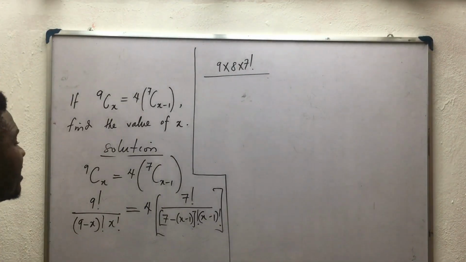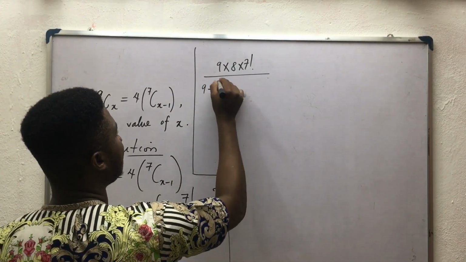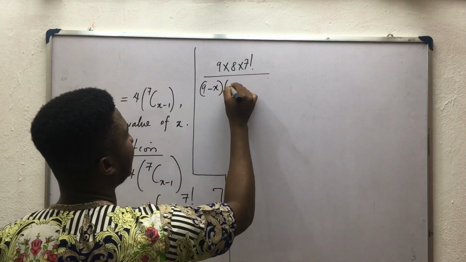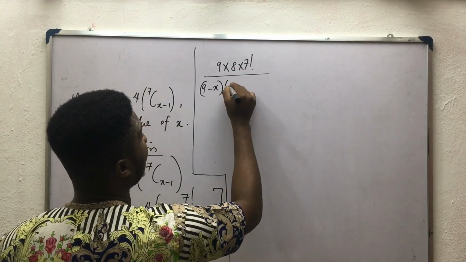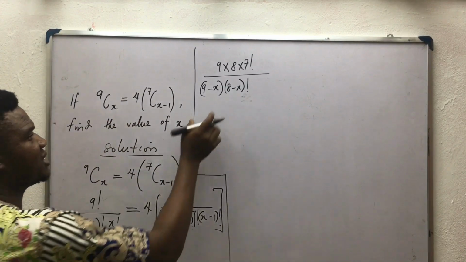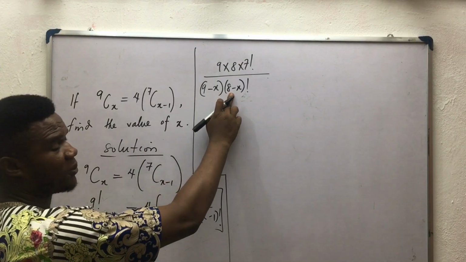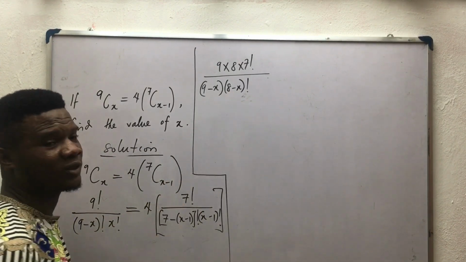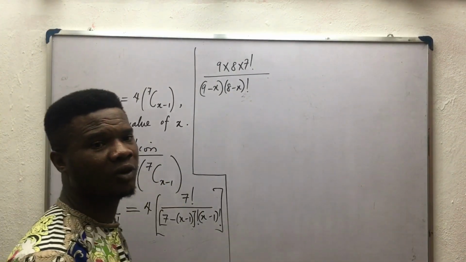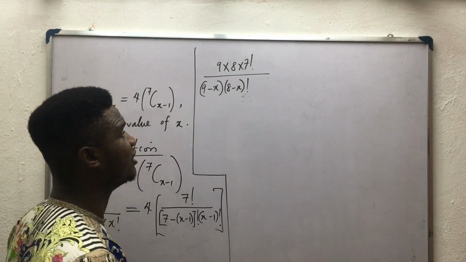Over here, I'm going to write this as (9 minus x) times (9 minus x minus 1), which is (8 minus x) factorial. So this is me expanding 9 minus x factorial up to this point. In factorial notation, you're multiplying successively, and each factor decreases by 1.